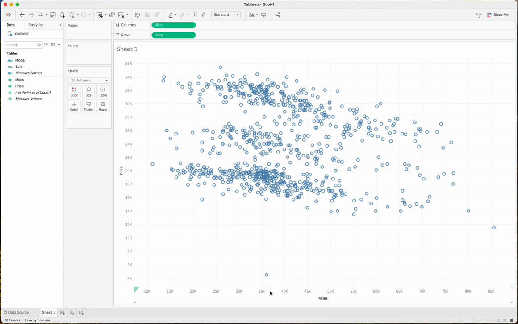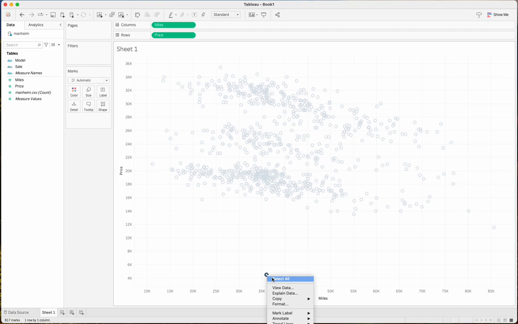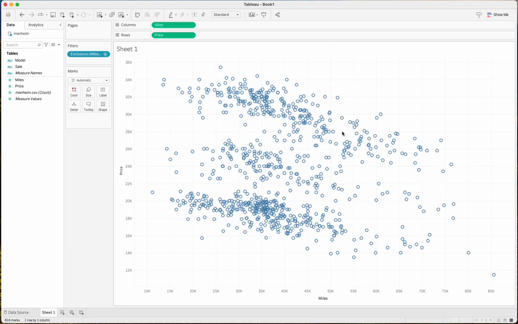For this mileage, the price obtained was only about 4,500, when it should really be somewhere in this band over here. So I'm going to right click on that observation and exclude it. When I exclude that observation, the visualization recenters.